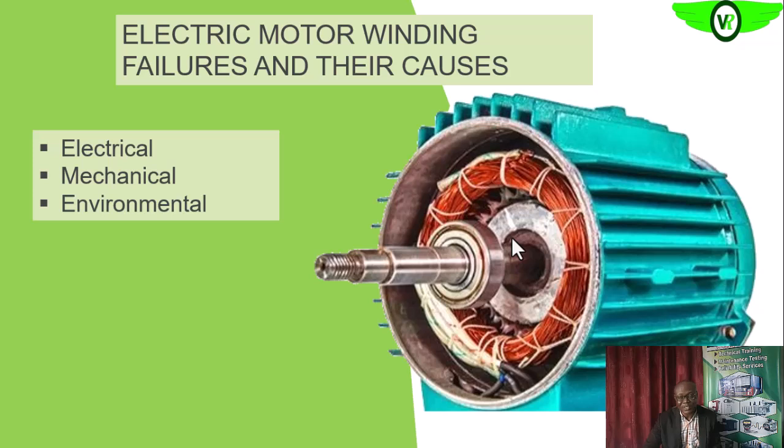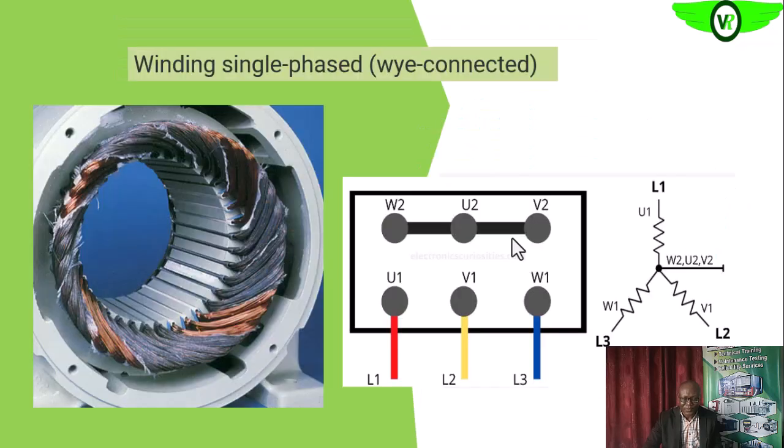Then the environment too, as we earlier outlined, the condition in which the electric motor is operating, can also affect its integrity. So we are going to look at how all of this affects the operations or the integrity of the electric motor windings.